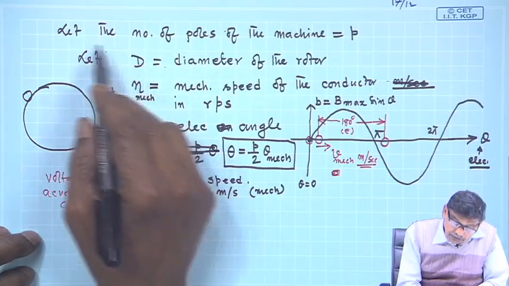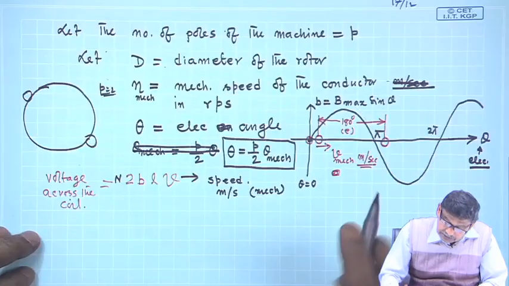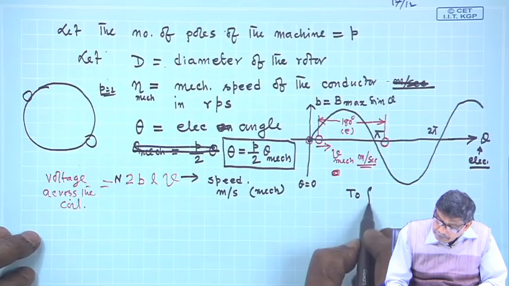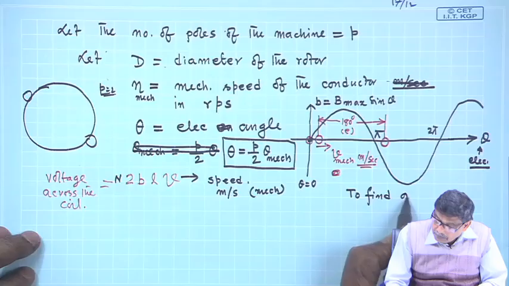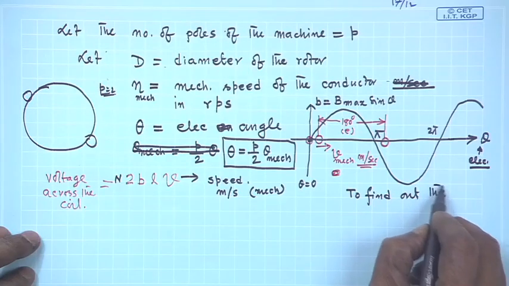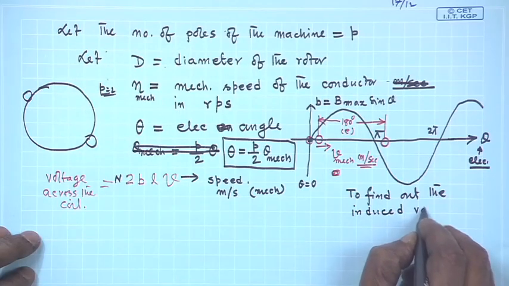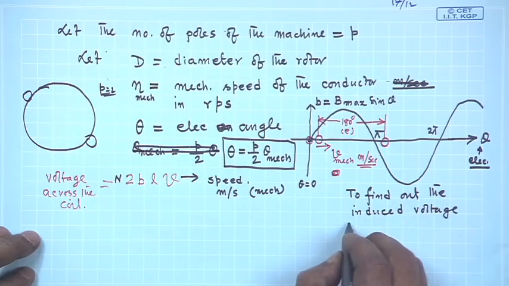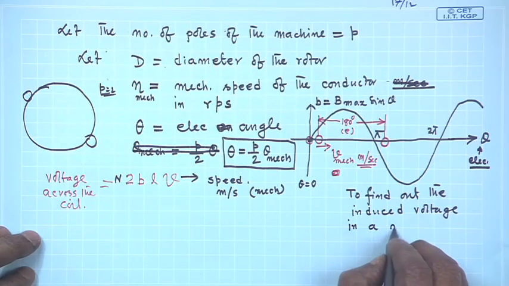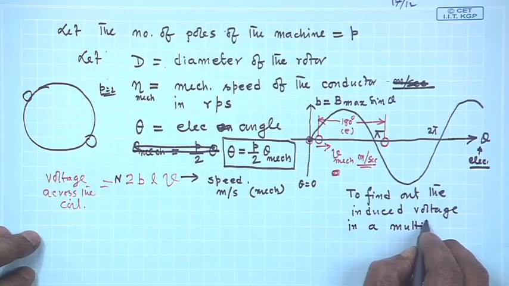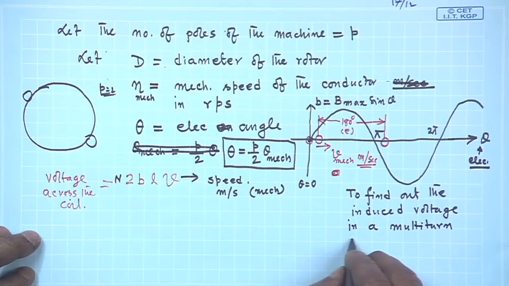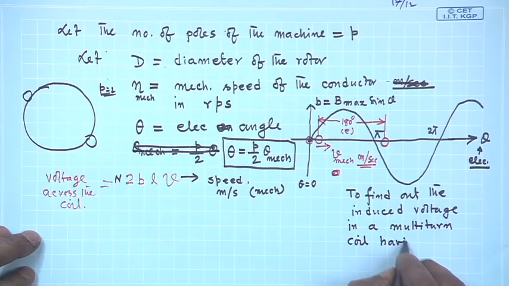So, we want to find out the induced voltage in a multi-turned coil having n number of turns.